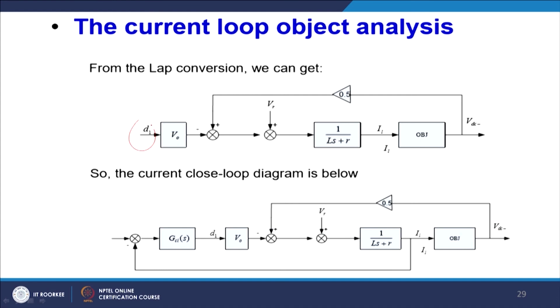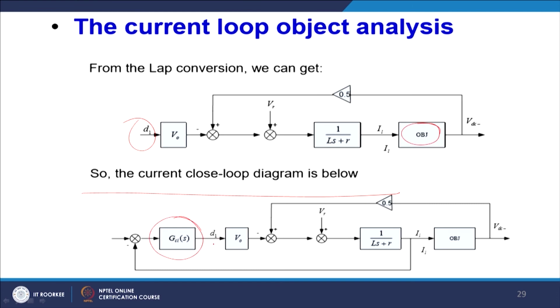This is the duty cycle of V 0 and you are giving a feedback through this inductor, and this is your objective function, nothing but an inverter. So, you are controlling this controller, and in the control loop you essentially have the inverter.